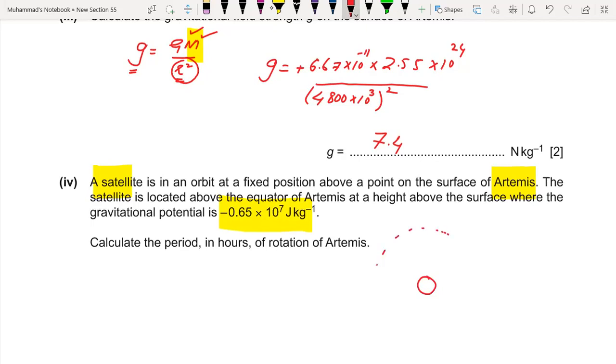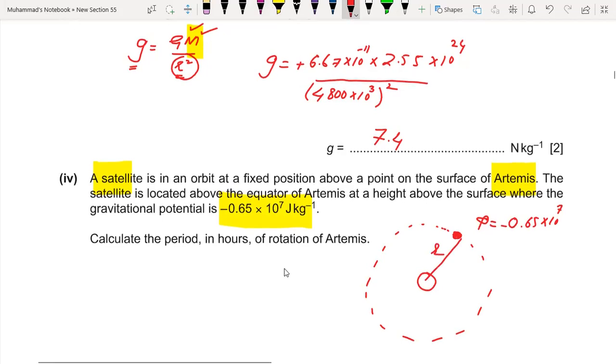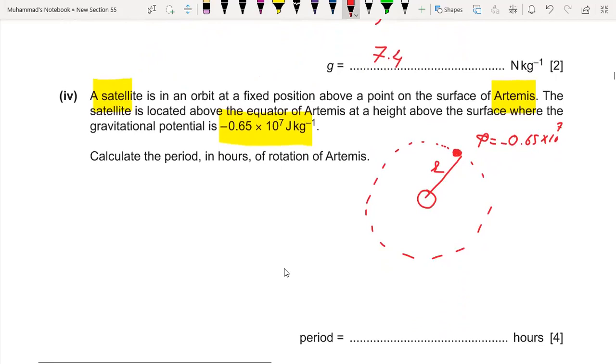This is the orbit of the satellite, and we know the gravitational potential here, minus 0.65 times 10 power 7. We don't know this radius. So what do we have to find? We have to find the time period, in hours, for the rotation of this satellite.